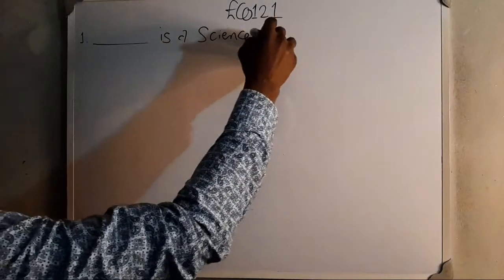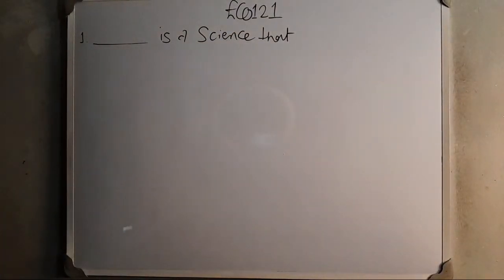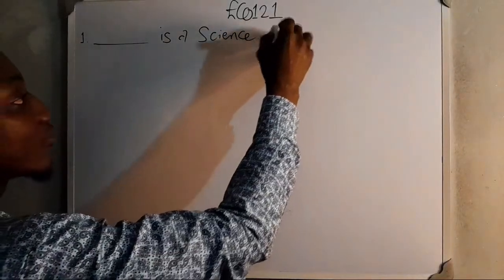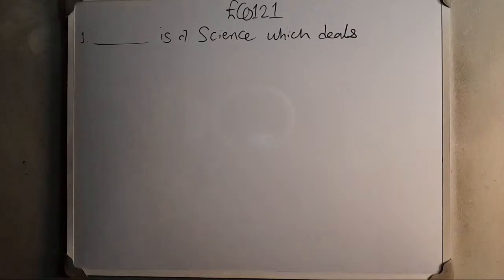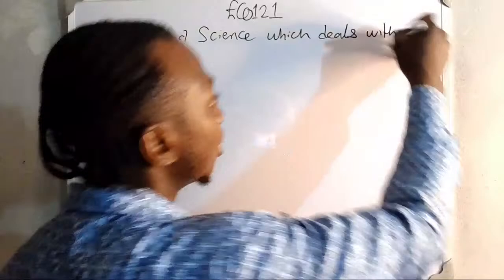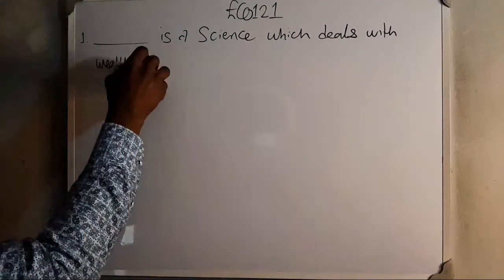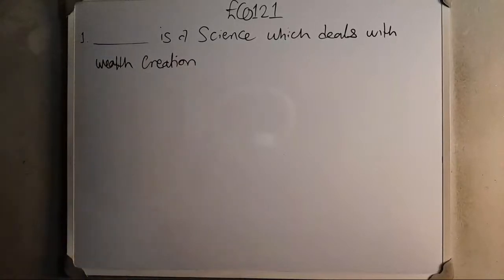Dash is a science that deals with wealth creation through the production of what?